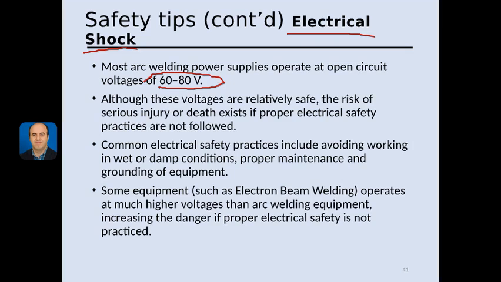They design it to this low voltage to protect the welder from electrical shock, and these are safe. For example, in the TIG welding process, the maximum voltage that you may get between the electrode and the workpiece is 30 volts.